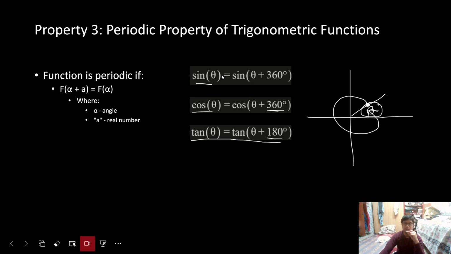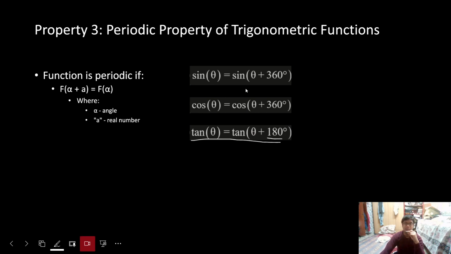So here's the thing. The reason why the value here is the same as the value here is because of 360 degrees, right?